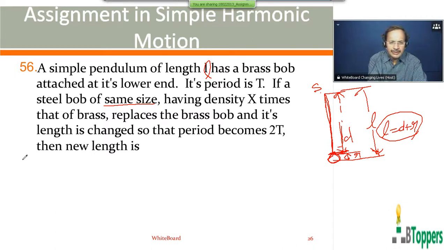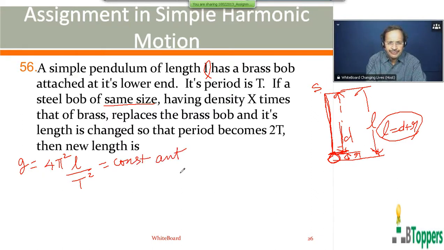Now the value of acceleration due to gravity at a given place, in terms of the length of the simple pendulum and time period, is equal to 4 pi square into L by T square. The value of acceleration due to gravity is a constant at a given place. That means L by T square is constant.